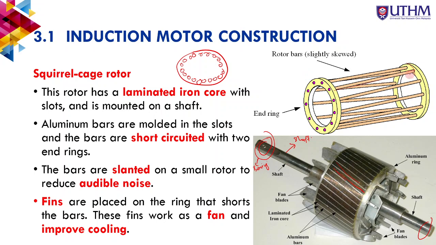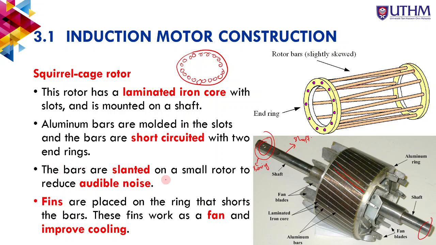So why are they a closed loop? Because they want to allow current to flow. Without closed loop, there is no current flow, and when there is no current flow, there is no force and there is no torque, and that means it is not moving.